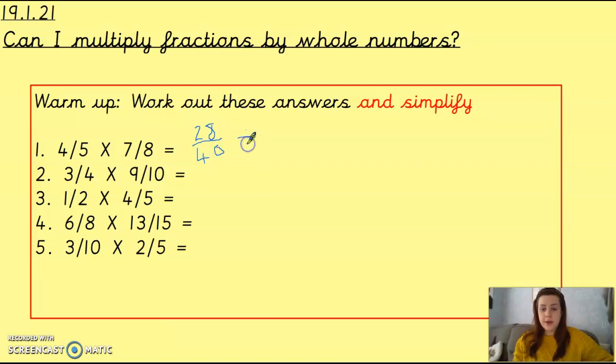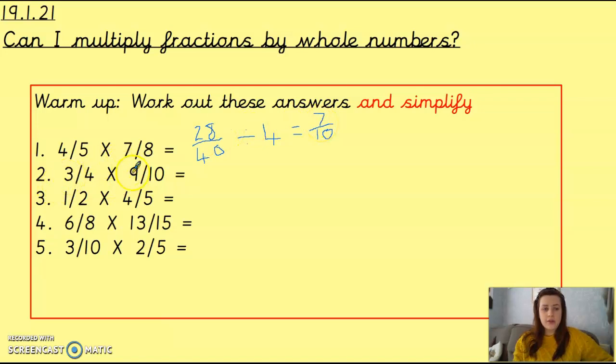Now, if you drew your factor bugs, you would find the lowest common factor, so the smallest one that comes up in both, is 4. So we can divide 28 by 4, which would give us 7. And then we can divide 40 by 4, which would give us 10. Okay, so the first answer simplified is 7/10.